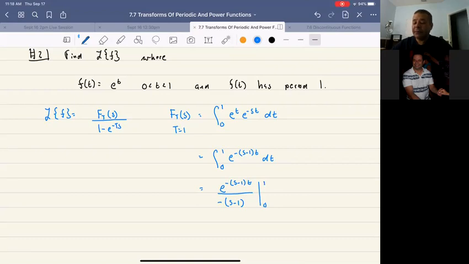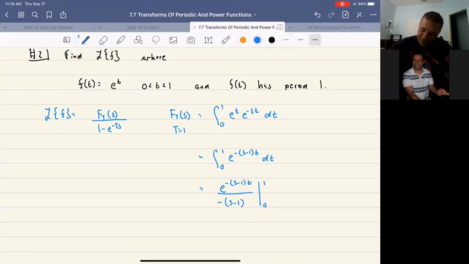Let's plug in 0 and 1. These are t equals 0 and 1. See, this is why I have this written down. When I plug in t equals 1, I'm going to get e to the negative (s minus 1). And when I plug in t equals 0, I'm going to get 1.